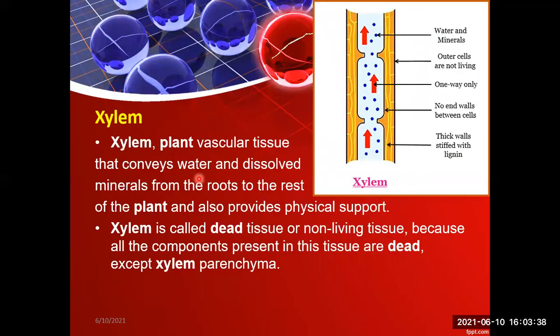Then the xylem. Xylem is the plant vascular tissue system that conveys water and dissolved minerals from roots to the rest of the plant body, and also provides physical support. Xylem is called a dead or non-living tissue because all components present in this tissue are dead except xylem parenchyma. This is generally what is described as the secondary xylem.